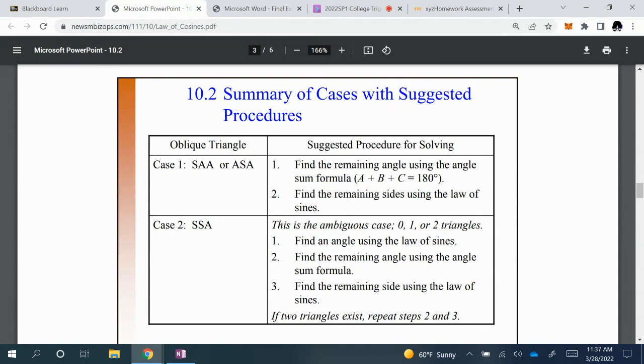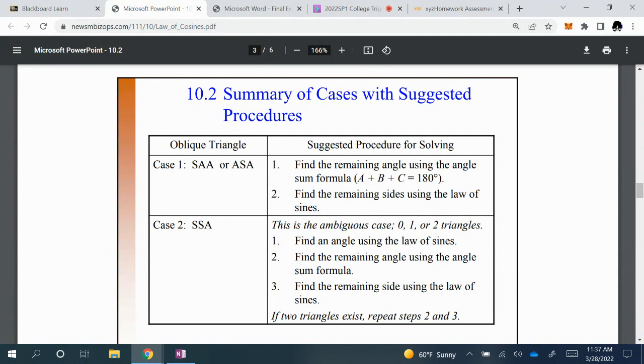All right. So if you're given a side side angle set of measurements, the first thing you should do is find an angle using the law of sines. The second thing you should do is find the remaining angle using the sum formula. And the third thing you can do is find the remaining side using the law of sines. If you have a two triangle solution, you would just repeat steps 2 and 3.